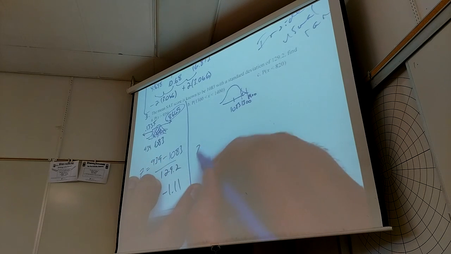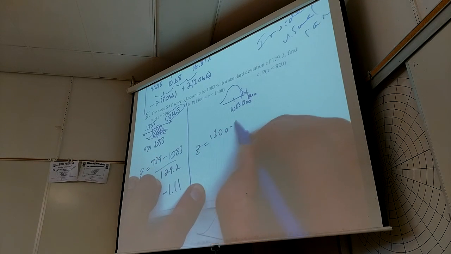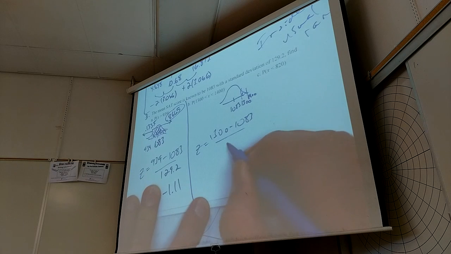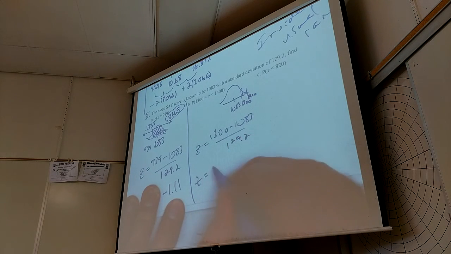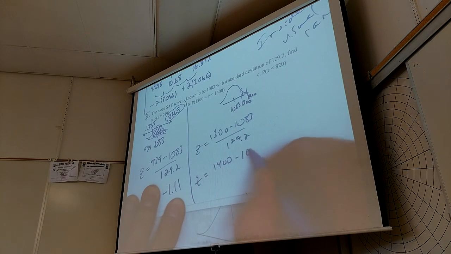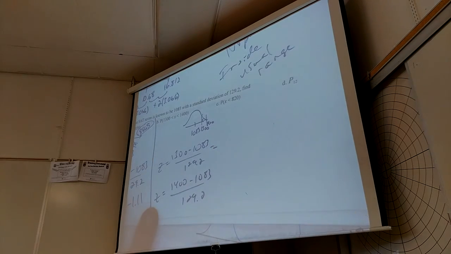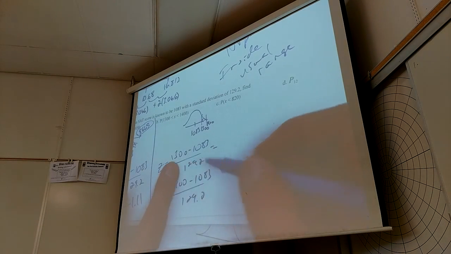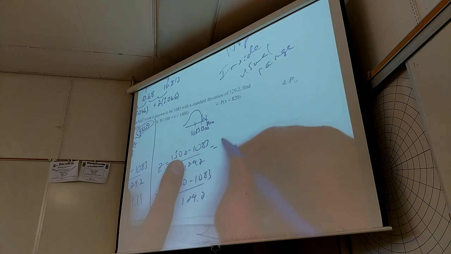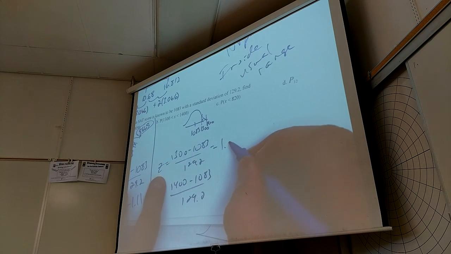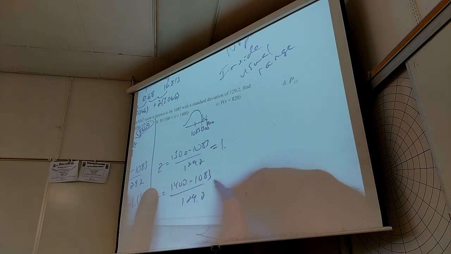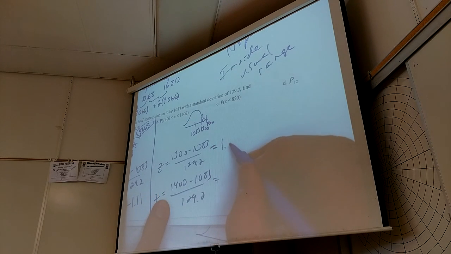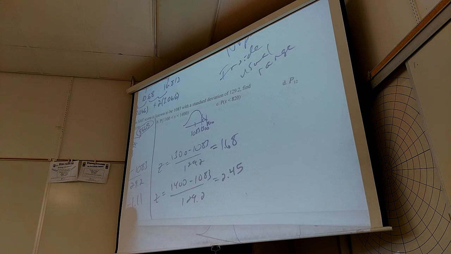So you got to make a z-score for 1300, and a z-score for 1400. So what do you guys get for a 1300 z-score? 1.68. What do you get for 1400? 2.45.